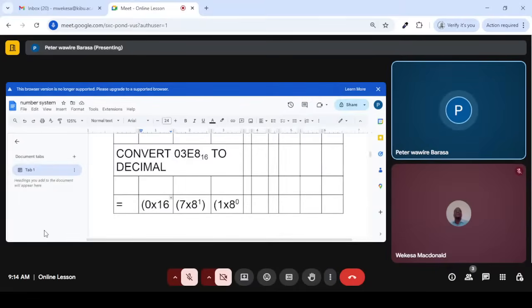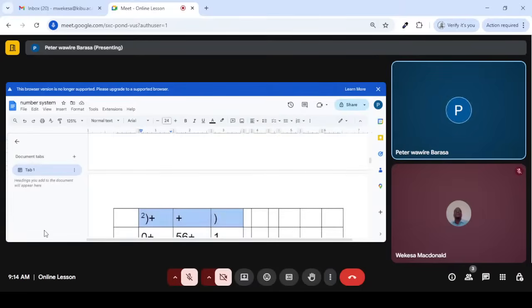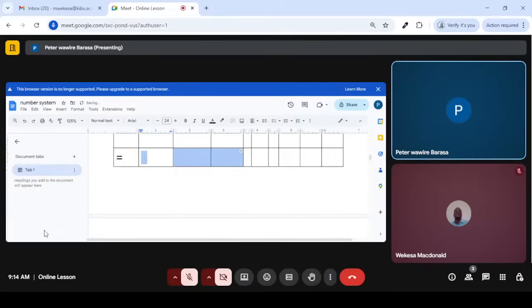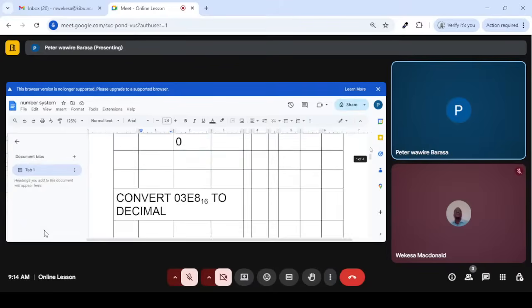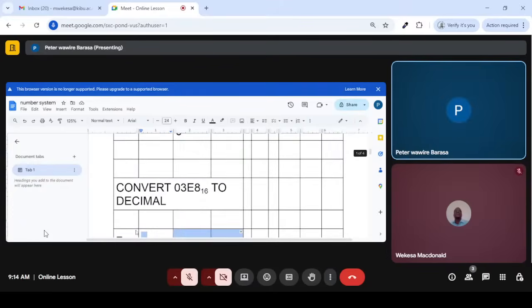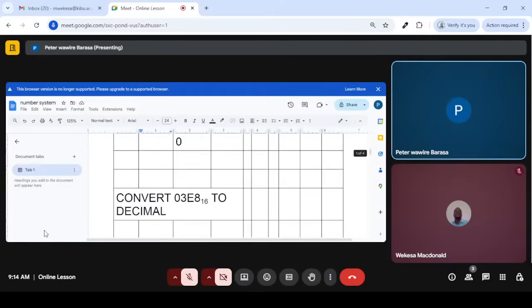So you want to convert that now from base 16. Let me just delete, then I start afresh. So we are converting this. So we'll start from the extreme end.